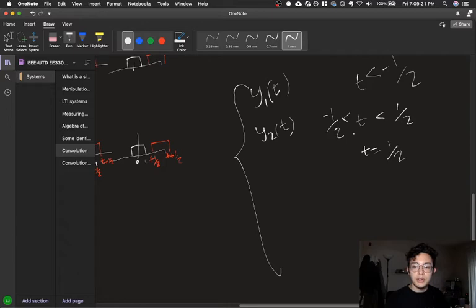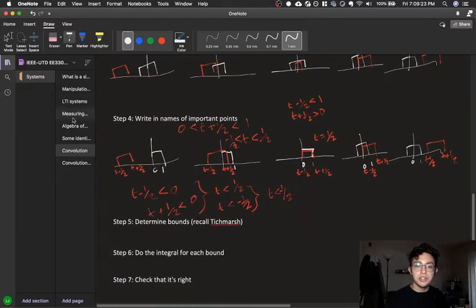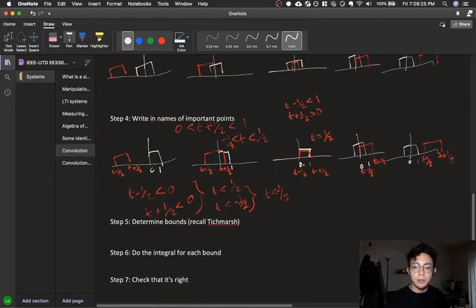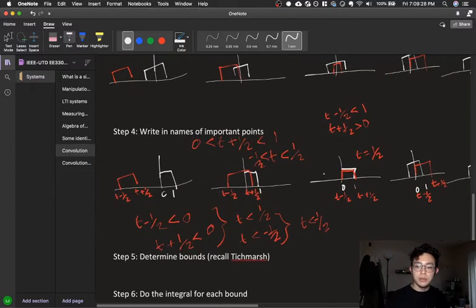In general, this is going to be some inequality, but just because the widths of these are the same, it's just a value.